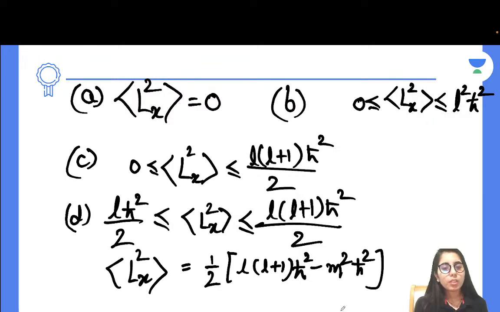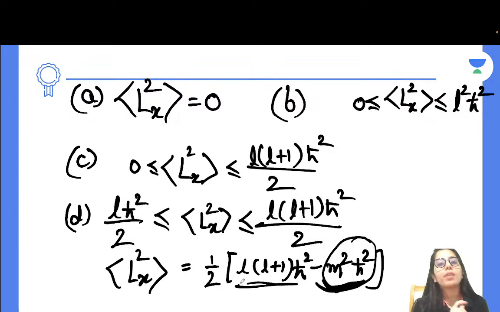Now, for the minimum value, you can see this term is already subtracted from some term, right? So if you want its maximum value, if this term will be 0, then what you are subtracting from the main value will be 0. It is going to give you the maximum value. And when you want to find the minimum value, you have to subtract the largest value out of the main value, right?